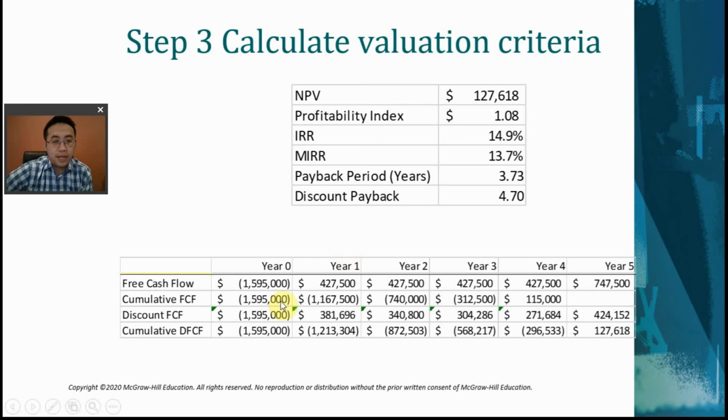And for discounted payback, you need to discount each of the future free cash flows, and then run the same process again to get the cumulative discounted free cash flow, and then judge whether the initial investment is paid back after a certain number of years.